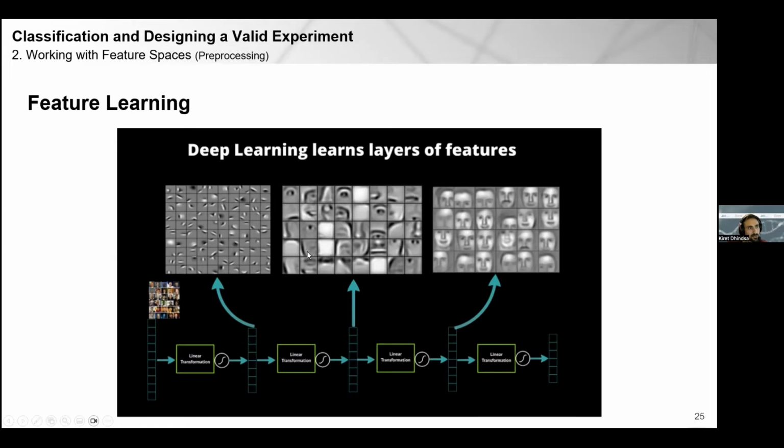We're starting to get pieces or parts of faces, and then something like face templates in higher layers. So it's able to more or less autonomously figure out a hierarchy of patterns that are important for performing the classification task, in this case, face recognition. And this is where it gets its power from, essentially. So it's a very useful tool, but very difficult to use well, I would say.